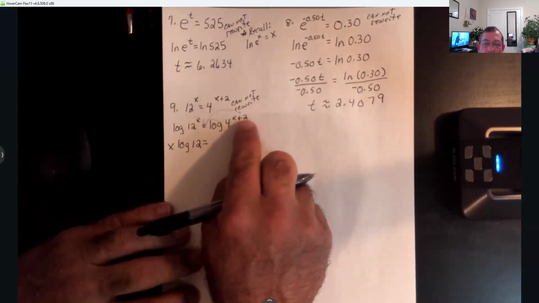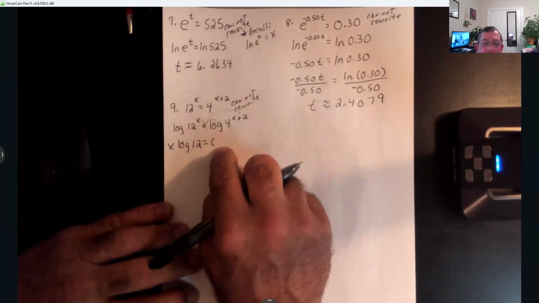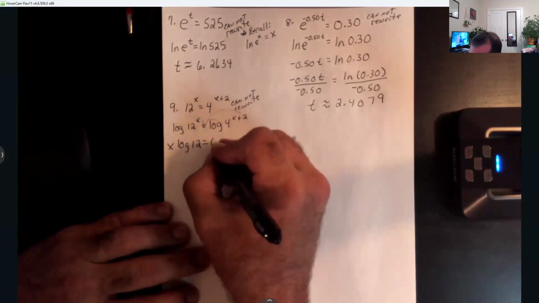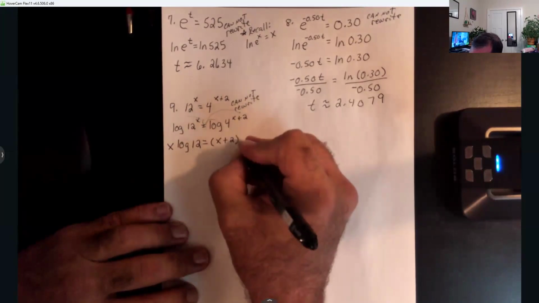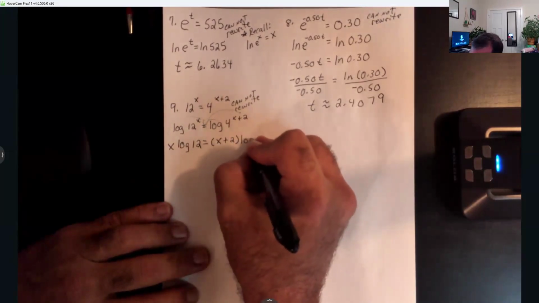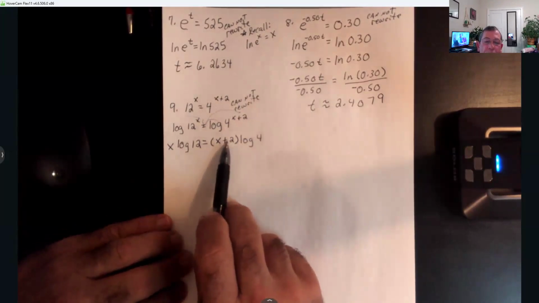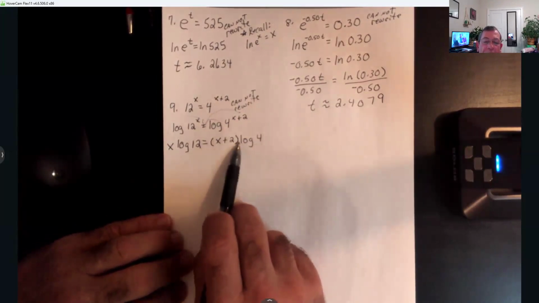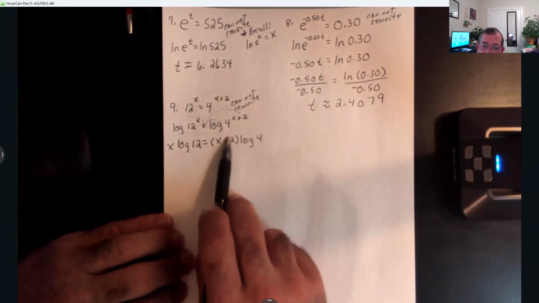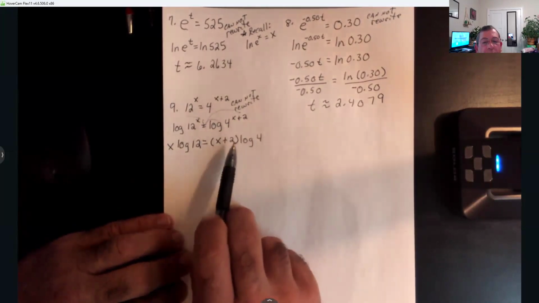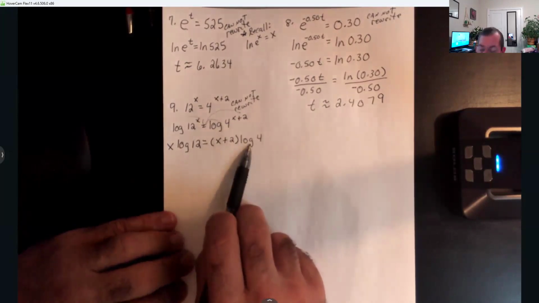There's 2 parts of this exponent, so when I bring it down, I'm putting it in parentheses, x plus 2, and that'll be times this log 4, okay? So you can't do x plus 2 log 4 without the parentheses because the log 4 has to get multiplied by both of these, okay?